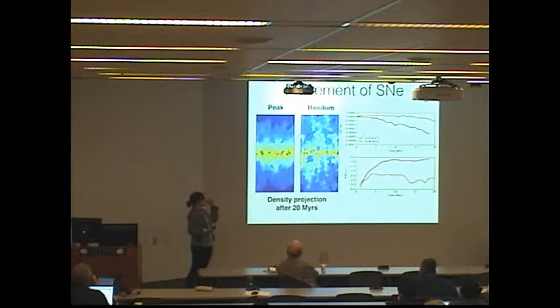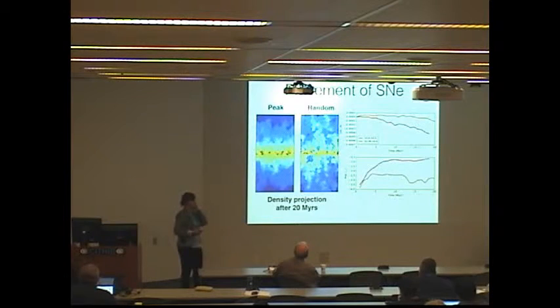And so the first result I'll highlight is just, we played around with the placement of supernova explosions. So, this has been done a lot in the ISM community. And we sort of reproduce their results basically in that, if you place the supernovae, so we are assuming in both of these simulations, this is showing you density projections after 20 mega years, we're assuming the same star formation rate and the same supernova rate in both simulations.